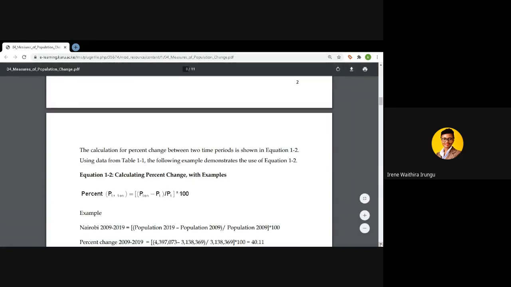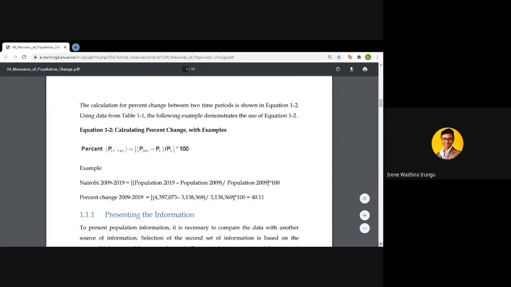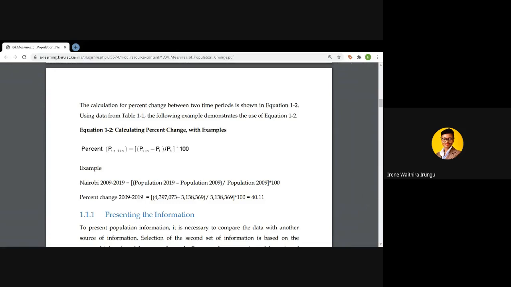We can also express it as a percentage. So if we are going to express the percentage population change, again we take it to be the population change over that span of time, and we divide that by the population at time t and express that as a percentage.